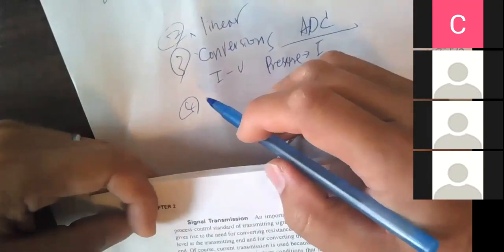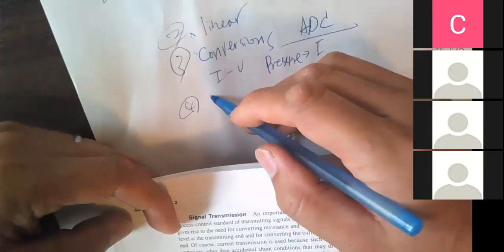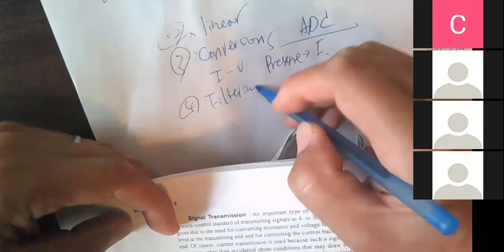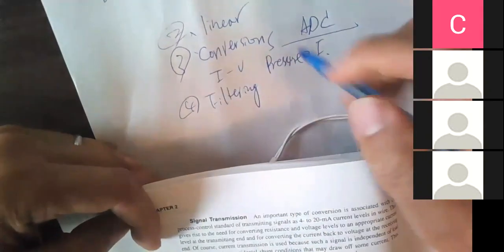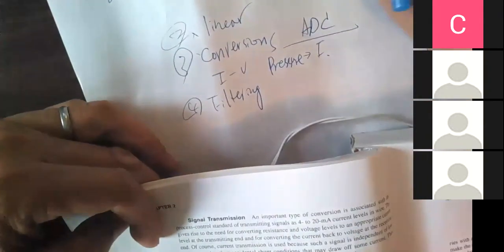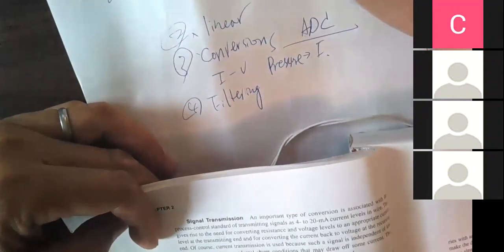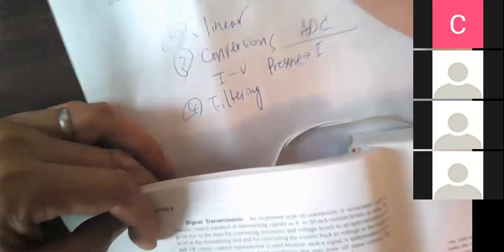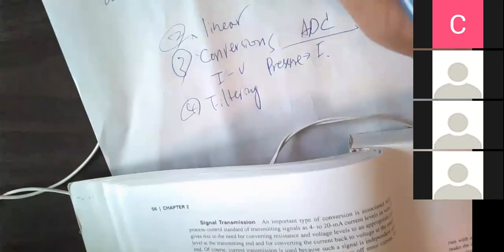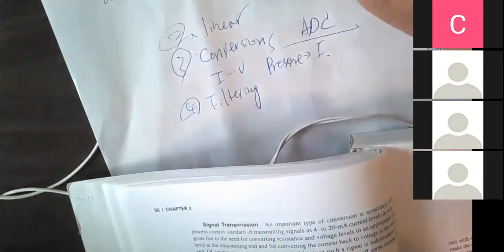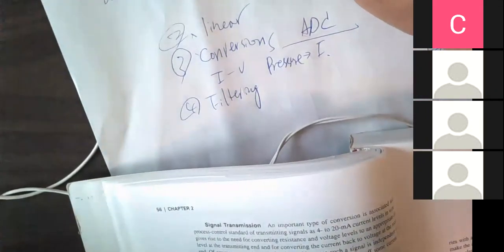The fourth type is called filtering. Filtering is another important concept. That means some signals have extra components we do not want.